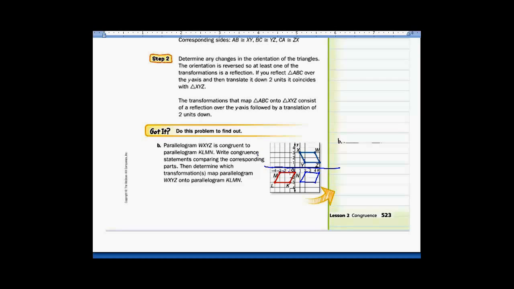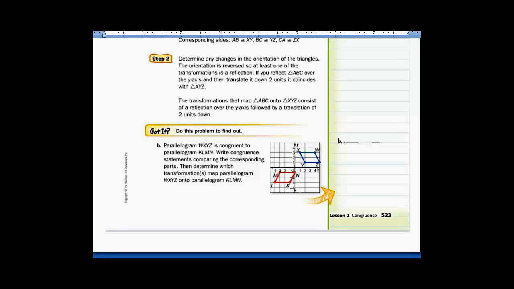Oh, and also don't forget to write your congruence statements. Again, that's not hard, but it may help you to do this. After you reflect it, write down what letters that would be. That way it's easy for you to say, okay, M corresponds to Y, N corresponds to Z. So you may want to wait and write your congruent statements after you reflect it. Maybe easier for you.